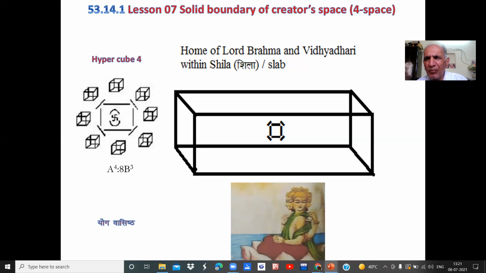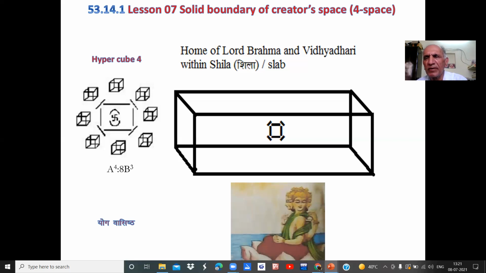The center of the cube as such becomes of a dual role. Center as a point of three space domain cube volume and center as a point of four space are two distinct features which deserve to be comprehended well.